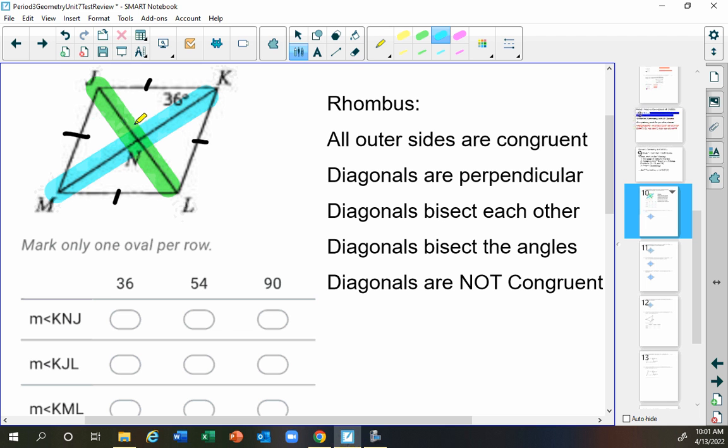If they're perpendicular, what do we know about the angle measure for each of these 4 angles that meet at that center point? 90 degrees, very good. Boom. That right there, all 4 of these angles are 90 degrees. Bang.